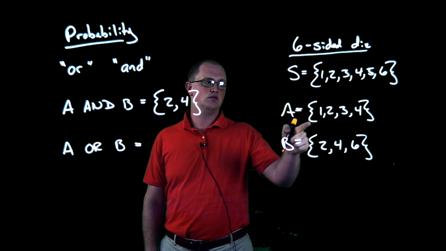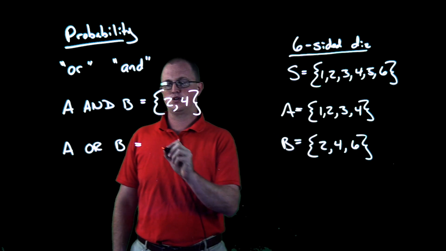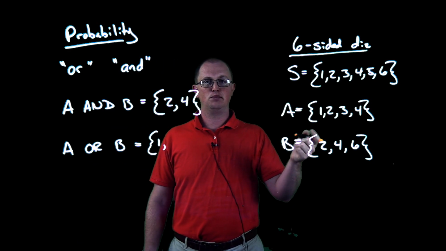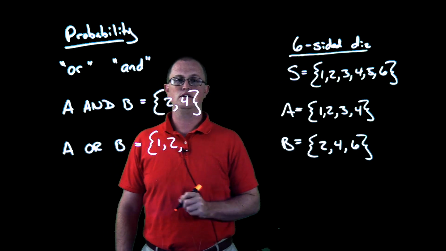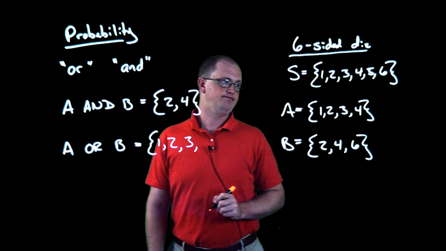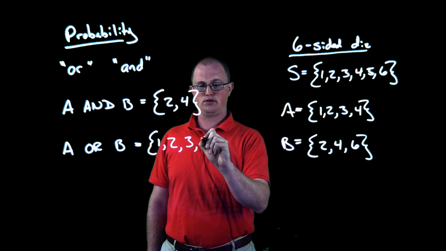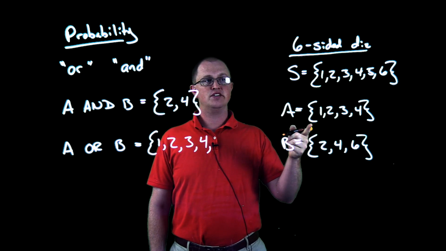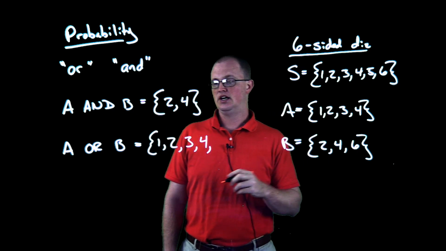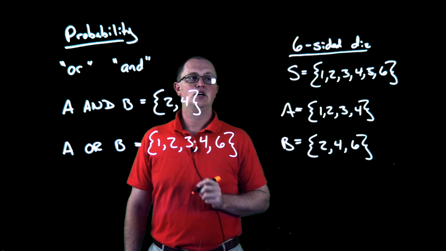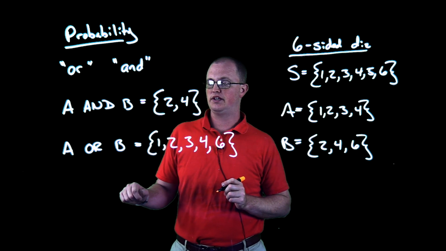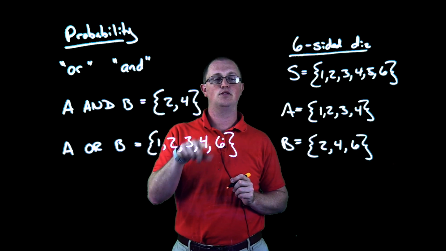So 1 shows up in A but not in B, but that's okay, so we include 1. 2 shows up in both, but that's allowed, so 2 goes in as well. 3 is in A but not in B, so it goes in. 4 is in both, still okay. 5 is in neither, so we don't include that. And 6 is only in B, but that counts. So A or B consists of the outcomes 1, 2, 3, 4, and 6.